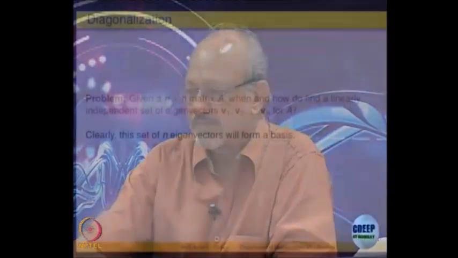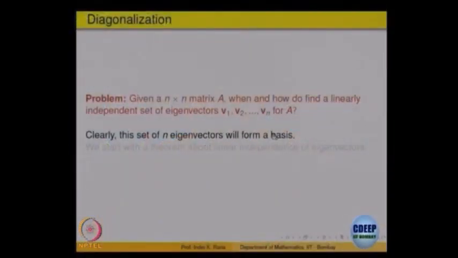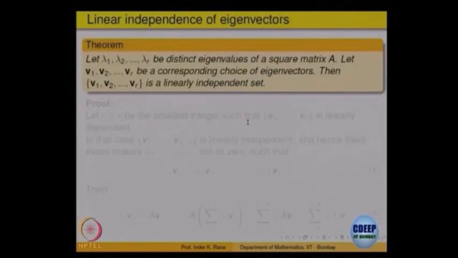If not, you can't help it, it is not diagonalizable. Basically, the n eigenvectors will form a basis in n cross n, so saying that the matrix is diagonalizable is equivalent to finding n linearly independent eigenvectors for that matrix. And finding eigenvectors means first you have to find the eigenvalues anyway. That is the problem we want to tackle.